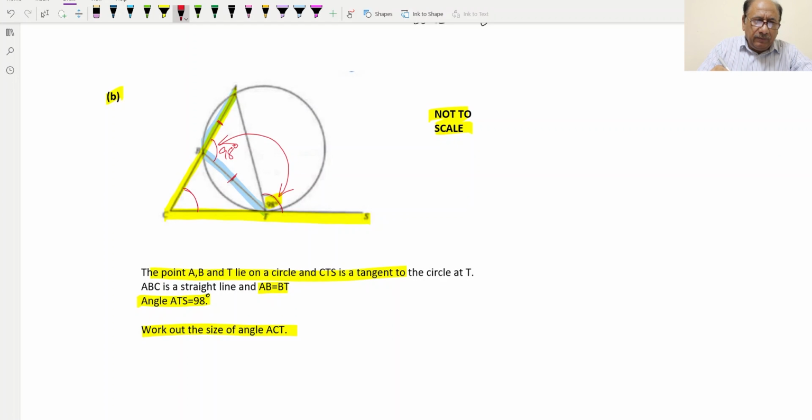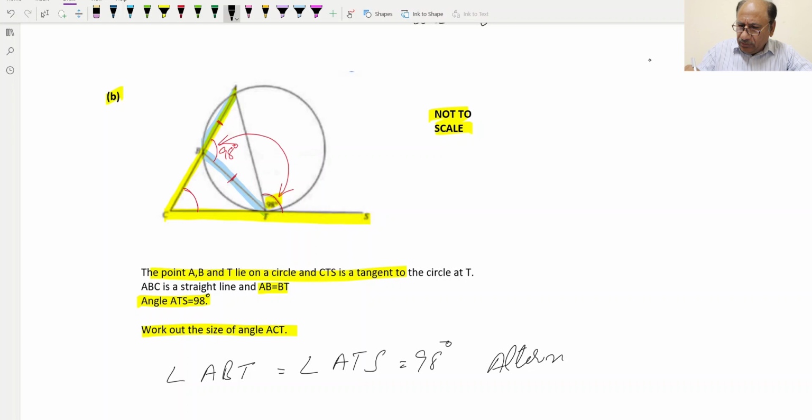So we can write angle ABT is equal to angle ATS, and this is equal to 98 degrees, alternate segment.